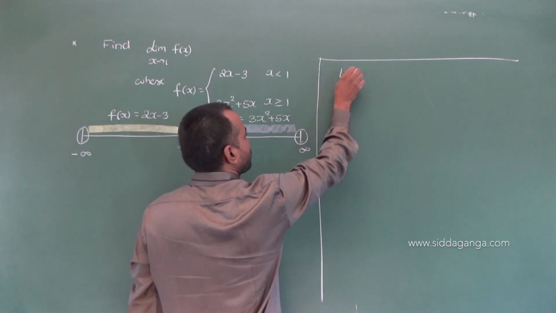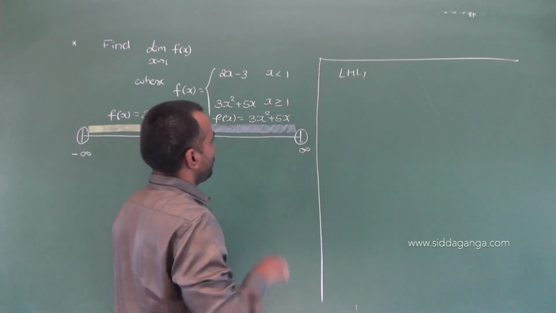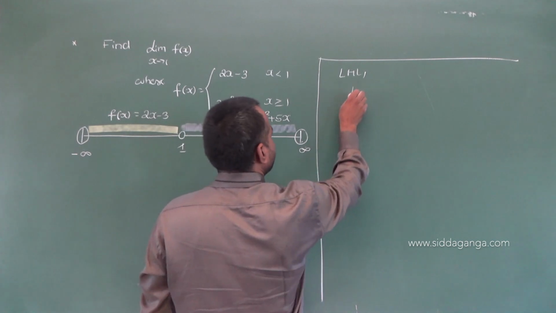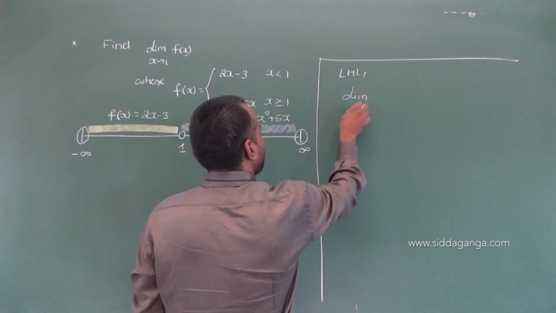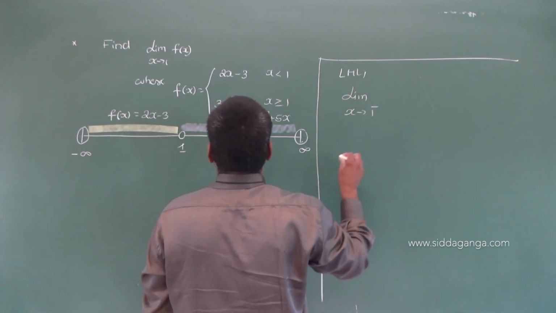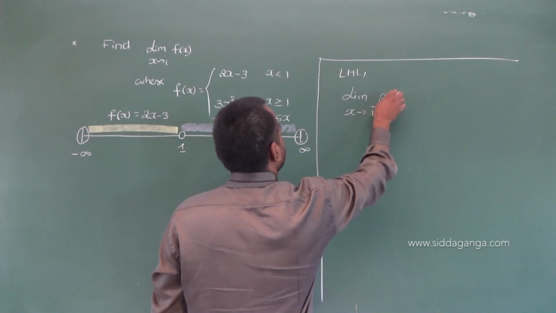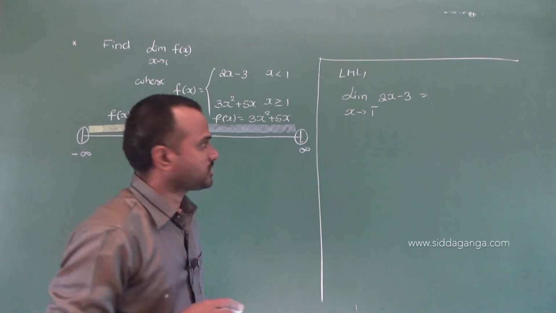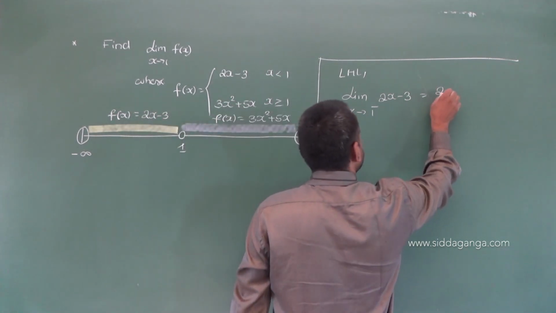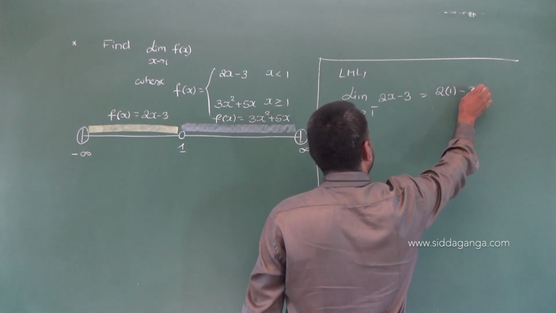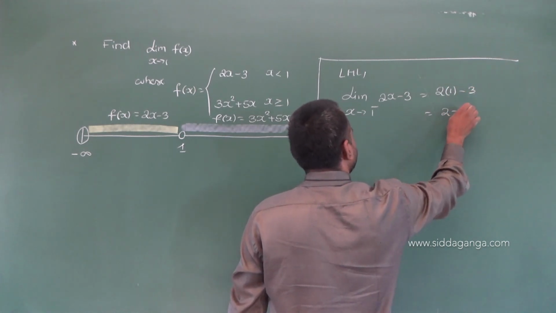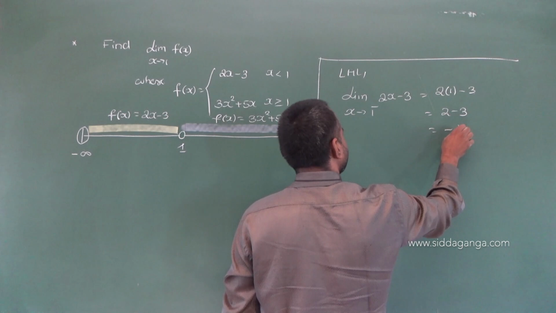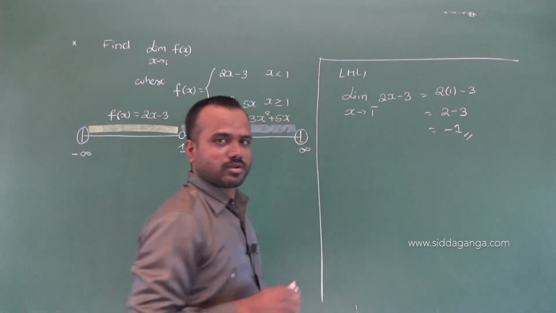Firstly, the left hand limit: x tends to 1 minus of f of x, which is 2x minus 3. So 2 into 1 minus 3, 2 minus 3. So the answer is minus 1.